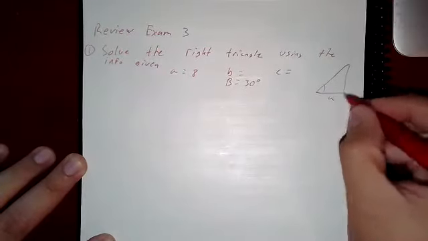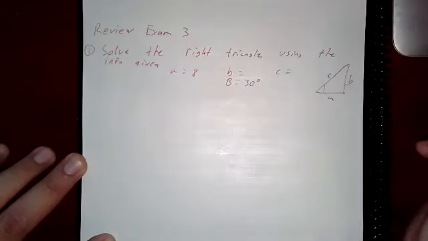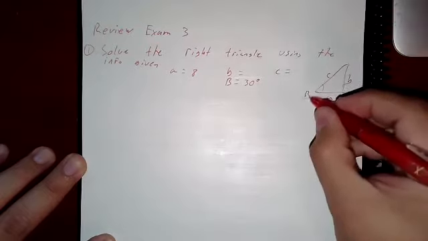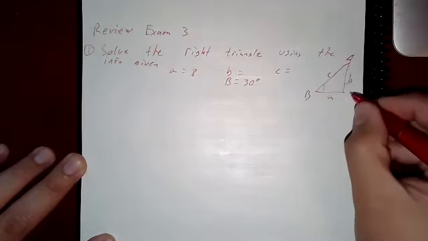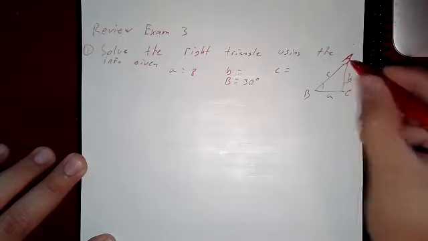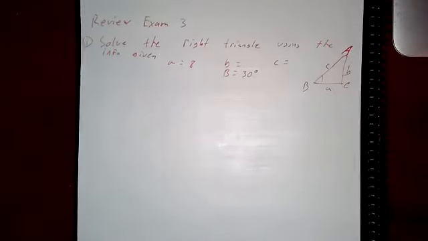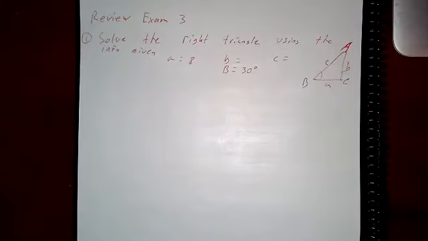And they put A here, C, B, capital B. At least that's how they draw it. Anyway, triangle is not important. We just know that it's a right triangle. So we're missing 2 sides, it looks like, and an angle.